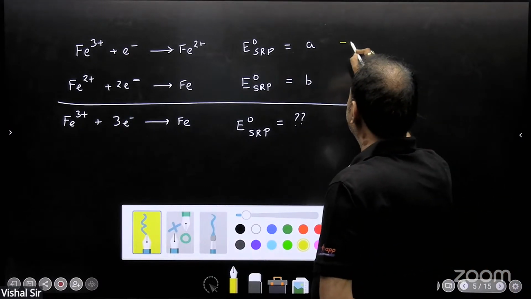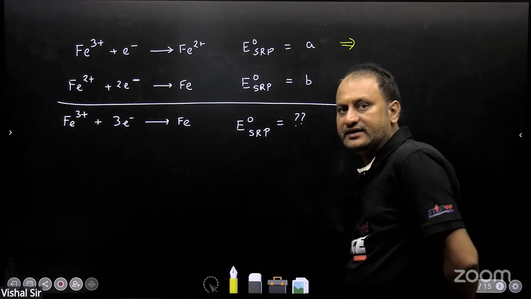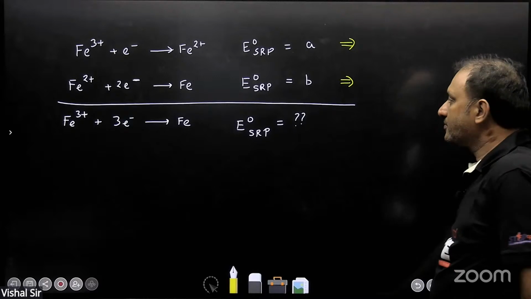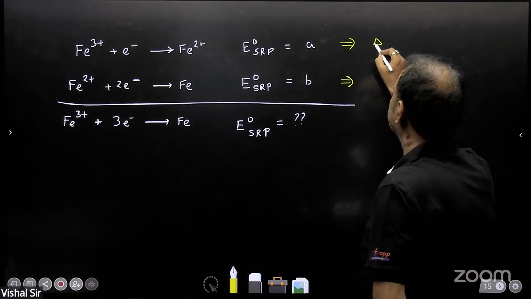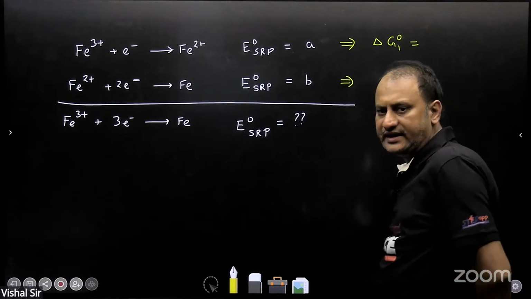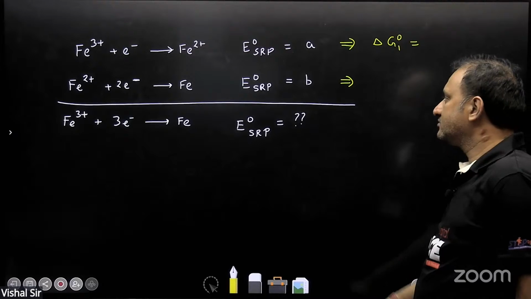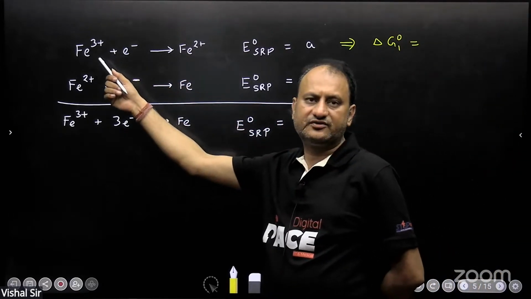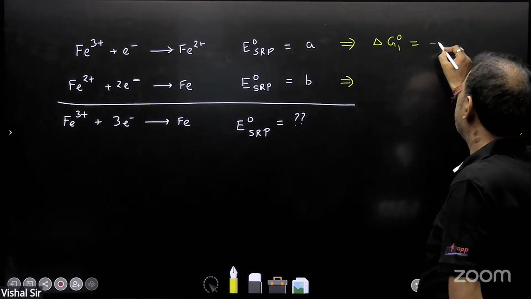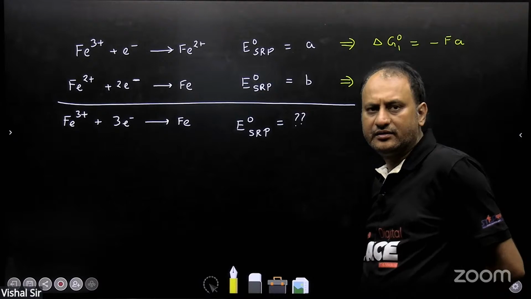So what we will do? We will find delta G naught for both of these reactions. Let me call this delta G1 naught. So delta G1 naught, n factor is 1 for this reaction and E naught is A, so delta G1 naught will be minus FA.